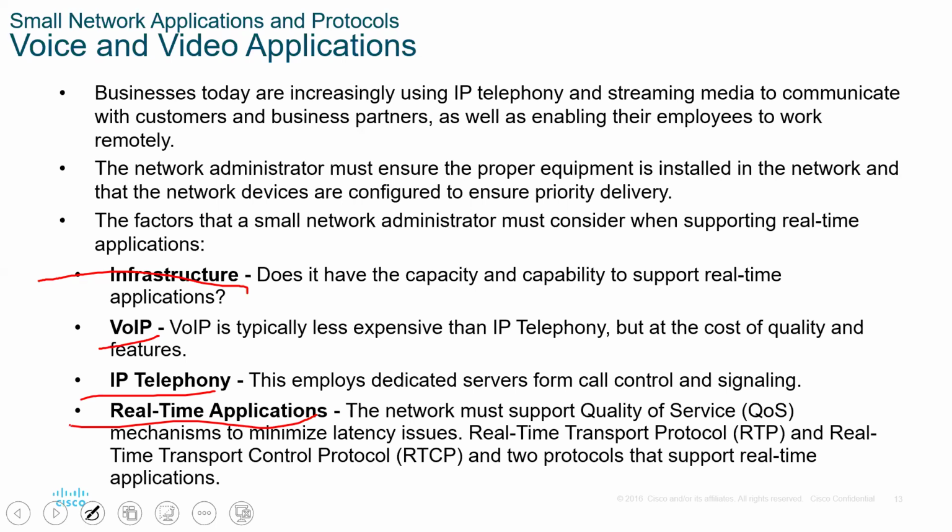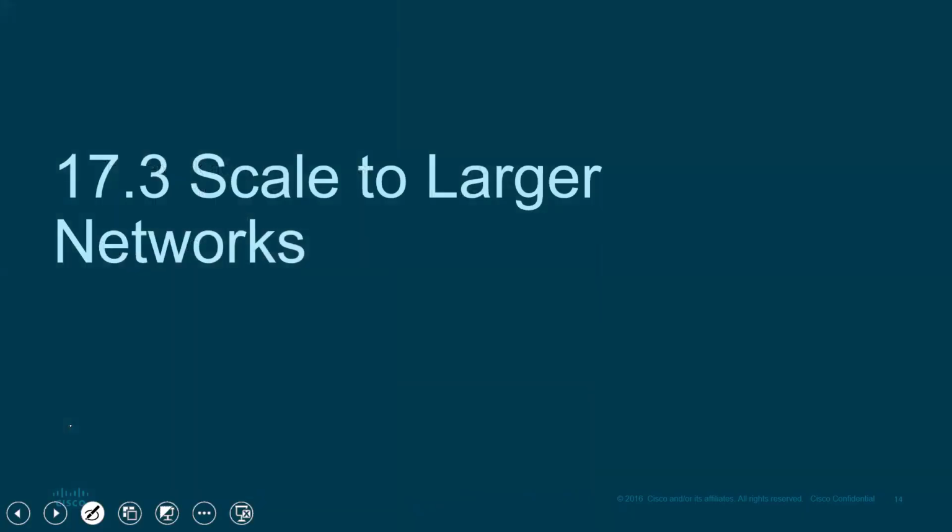Like the infrastructure, you look at the capacity, especially when you are dealing with real-time applications, whether the infrastructure can support it. And when it comes to real-time applications, the network must support your quality of service mechanism in order to give you the best network traffic.